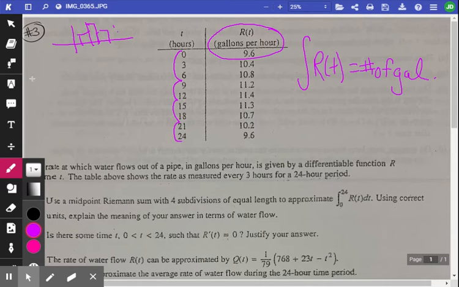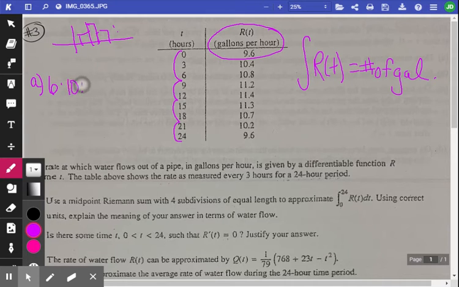So when I think about how to calculate that, each rectangle is going to be 6 wide times the height. It's a midpoint sum, so I'm going to use the middle value of 3, and the y value that goes with that.